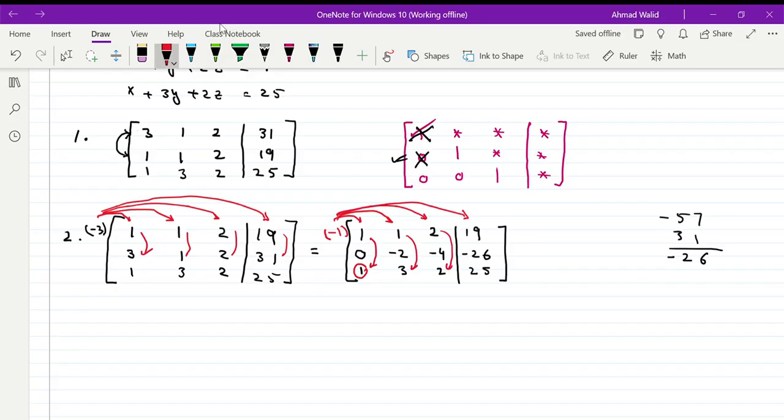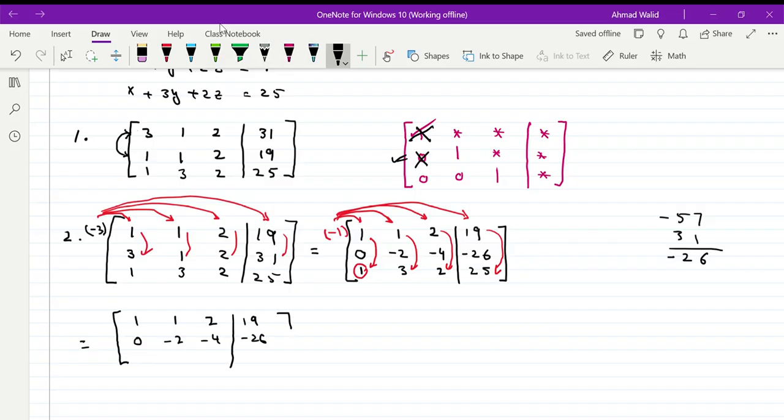Because you want to change that number to 0. Then copy row 1 and row 2 because you are not touching those two rows: 1, 1, 2, 19, and 0, negative 2, negative 4, negative 26.